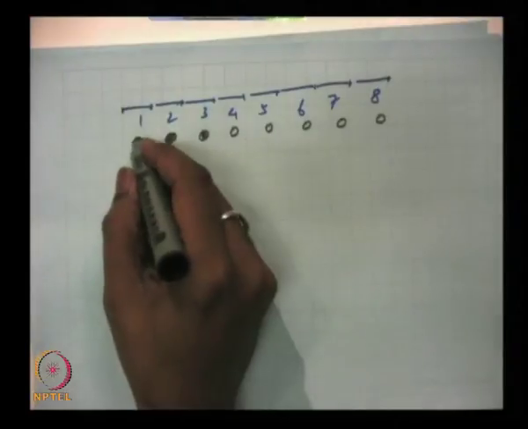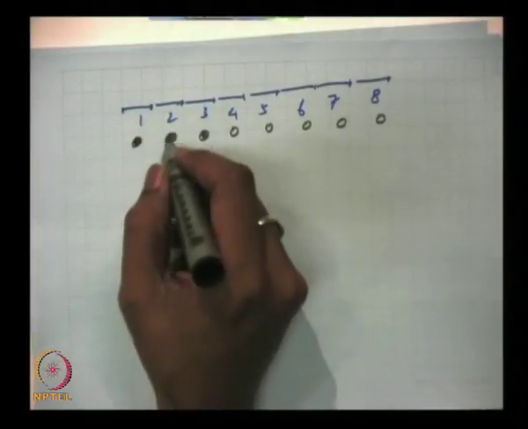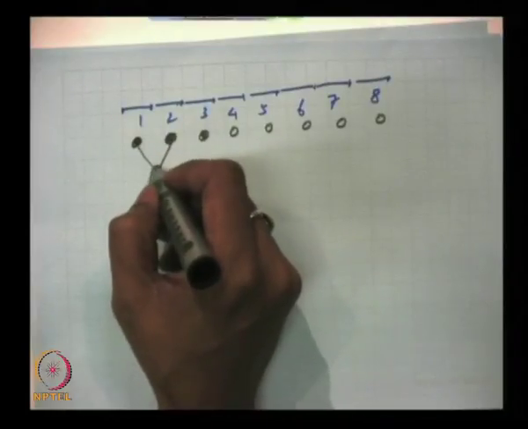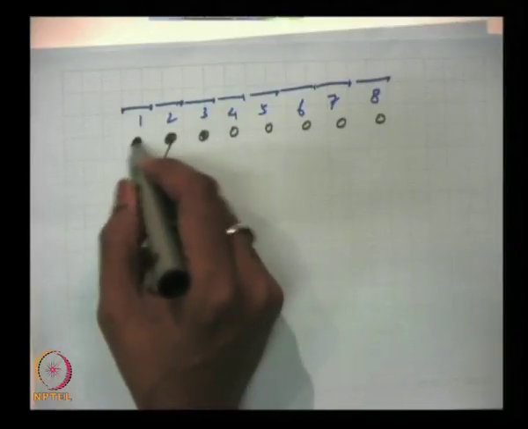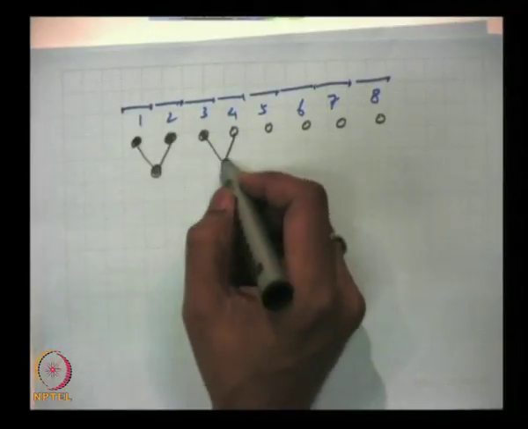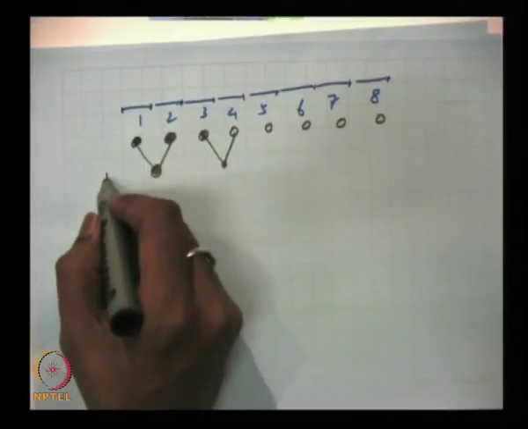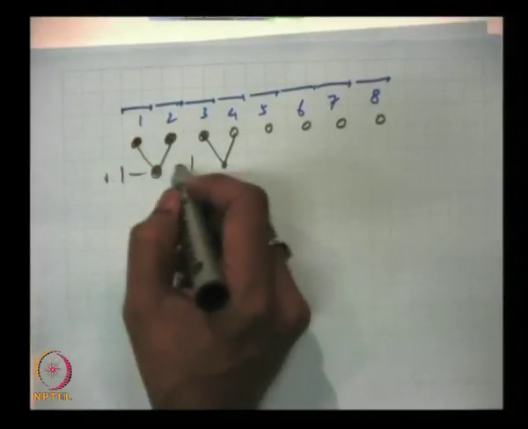So, this interval corresponds to this node. Then I will define the parent of these 2 leaf nodes, which will be the sum of the intervals that the 2 children represent. So, this one will represent essentially the entire interval from here to here.